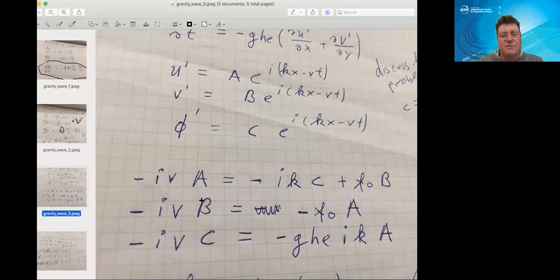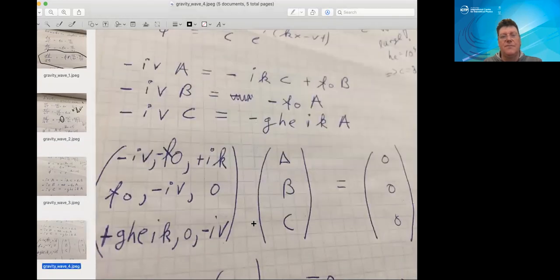This comes from the time derivative that is on the left-hand side. And on the right-hand side of the equations, we get several parameters. For derivatives in x direction, we get ik, and so on. So we get this set of equations, 3 equations for 3 amplitude factors.